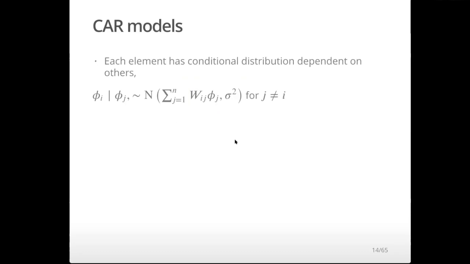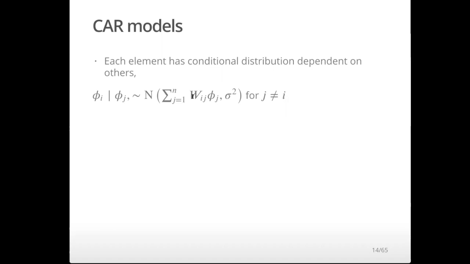Okay, so with a CAR model, if we don't think about it in matrix form, I think it makes a little more sense. The reason it's called a conditional autoregressive model is that the random effect for cell i is conditional on all other values, so the rest of the random effects, or the rest of the spatial field.